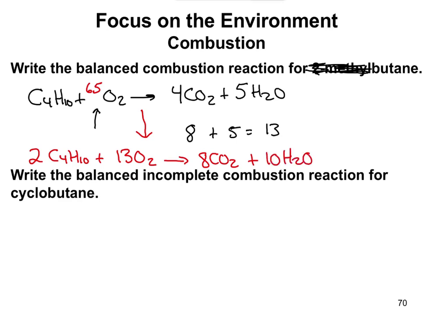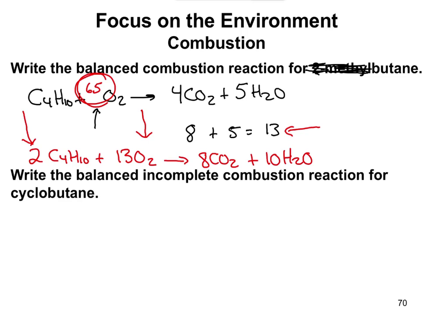And that would be your answer if it was just butane. Now, if you have a problem figuring out that 6.5 number, what I'll tell you to do is, if you have an odd number here, whenever you go to calculate your total number of oxygens, just go ahead and put a 2 in front of your starting alkane and rebalance it, and you'll get to the right answer. Okay?